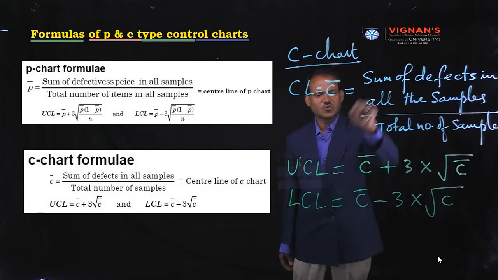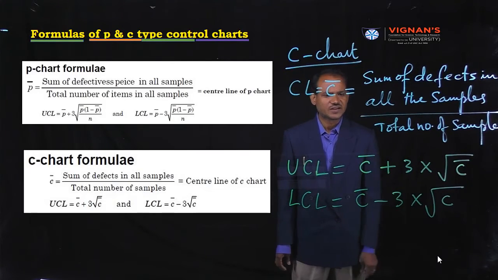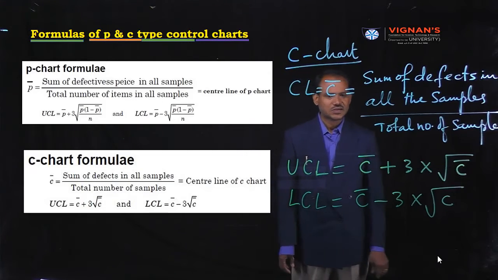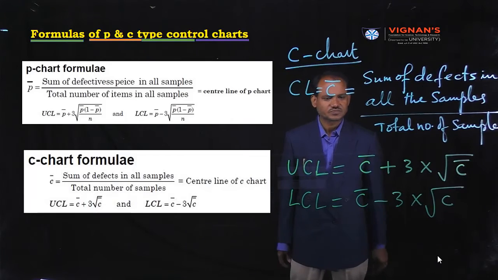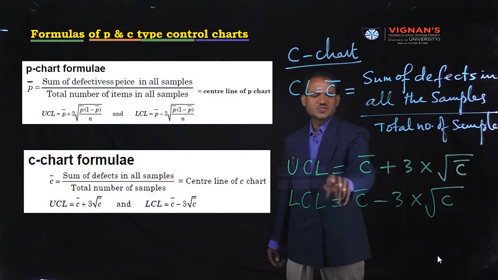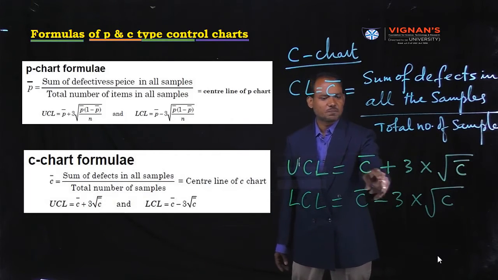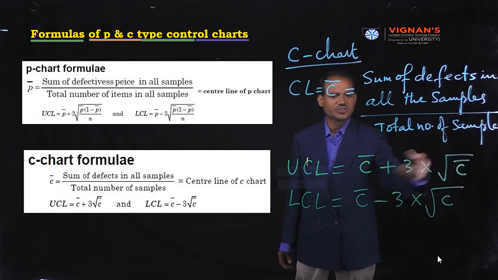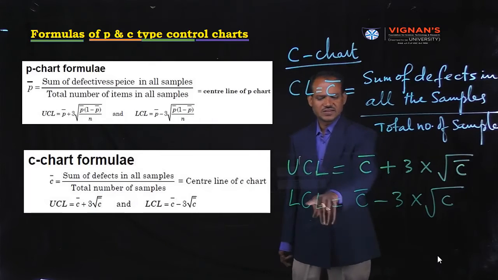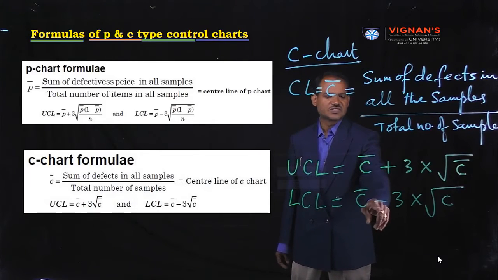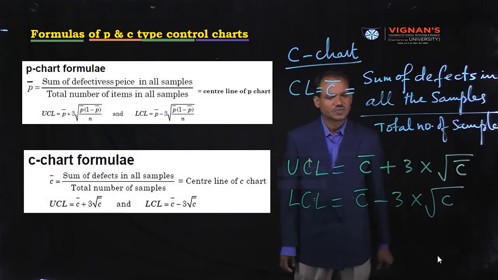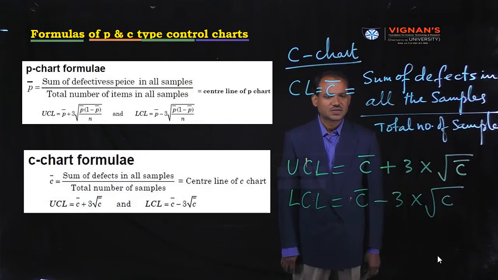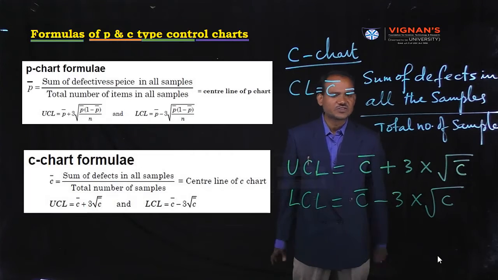This is the formula used to calculate the control limit, known as the center line. UCL is equal to C bar plus 3 into the square root of C bar. LCL is equal to C bar minus 3 into the square root of C bar, only the symbol is changing here, minus. So you have to remember all these formulas. If you remember all these things, you can easily construct any chart.